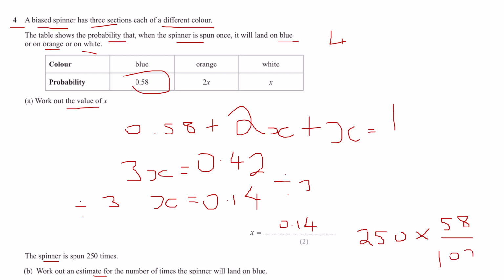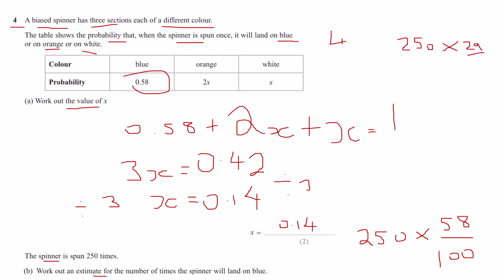So 0.58 as a fraction is 58 hundredths, because it's 5 in the tenths column and 8 in the hundredths column and 0 in the units column. I can simplify this by dividing top and bottom by 2, so we have 29 50ths.